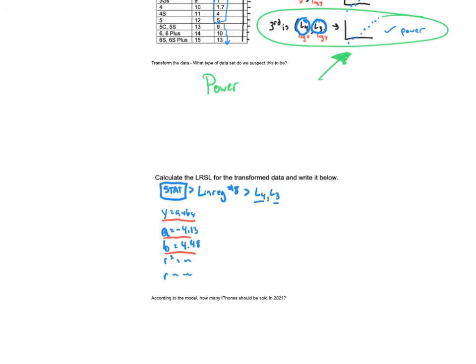But here's what I want you to remember. What did we do? We did the log of x versus the log of y. So instead of writing it y and x, we're actually going to put the word log in front of them.